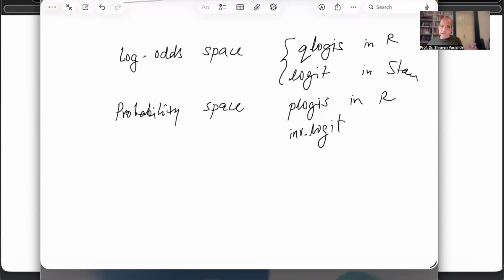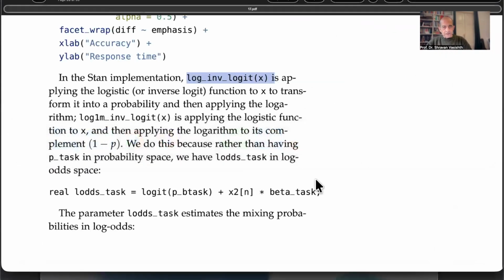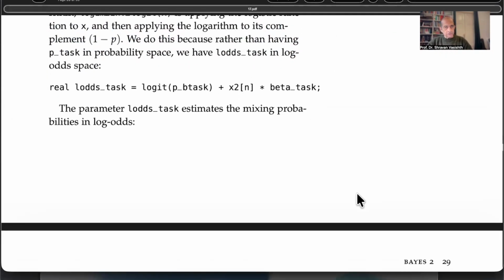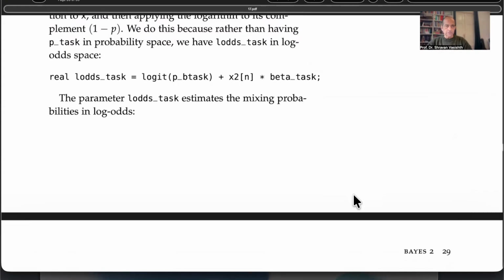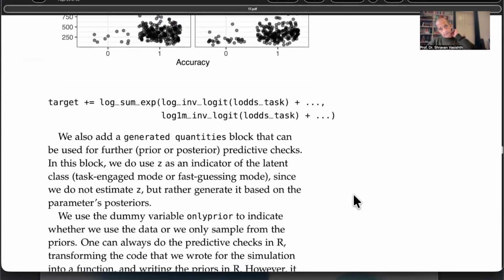They'll all come up with different conventions just to make your life miserable. Anyway, you just have to keep this in mind. I'm sorry about that. And of course, because we're working in log space, there will be a log before the inverse logit, etc. All right, so let's get going.